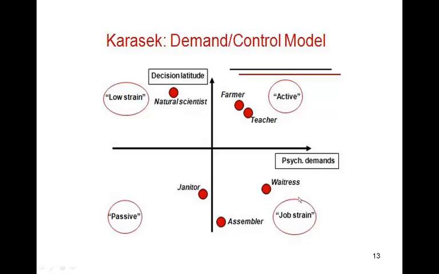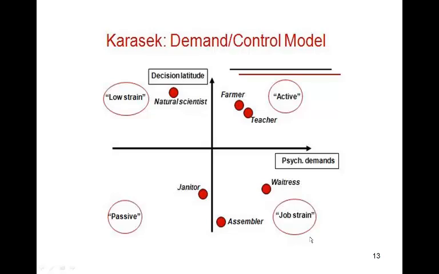And this quadrant is referred to as job strain and has been hypothesized and demonstrated to be the highest risk quadrant associated with most often cardiovascular disease related outcomes. This quadrant here, low strain, high control and low demand, is the reference group, the lowest risk category, with these two quadrants arrayed intermediately in terms of risk between low strain and high strain.